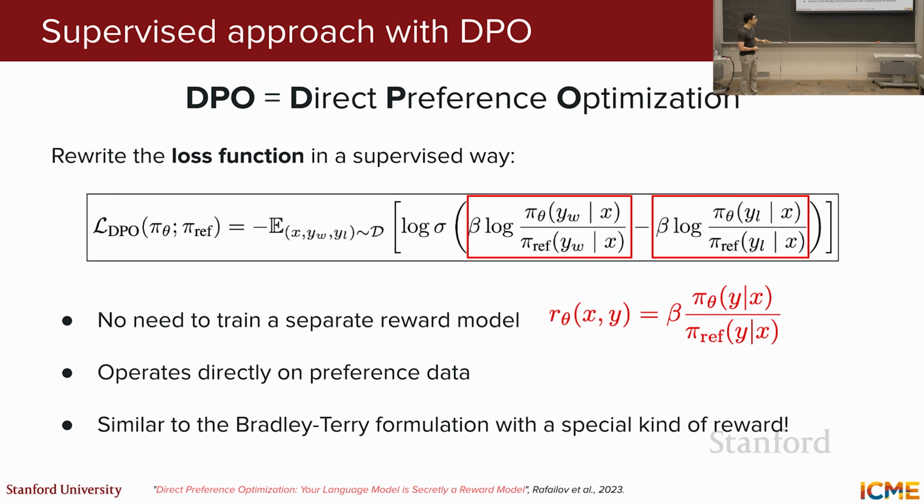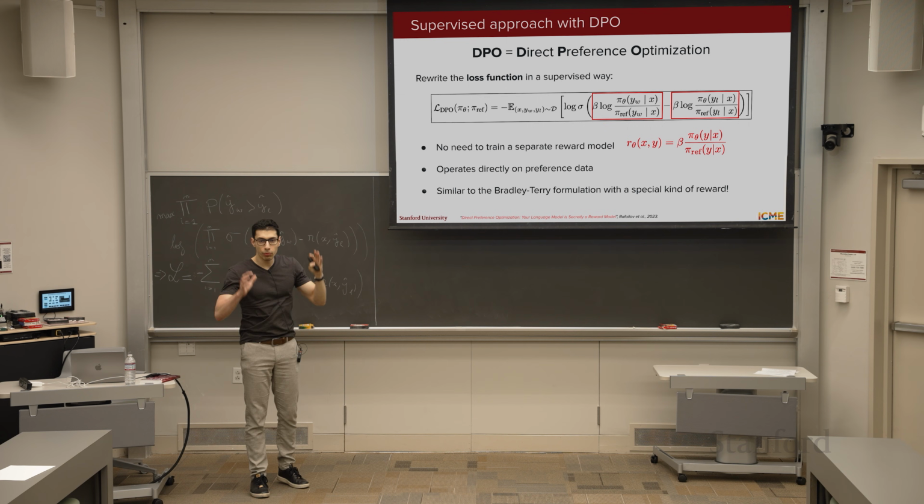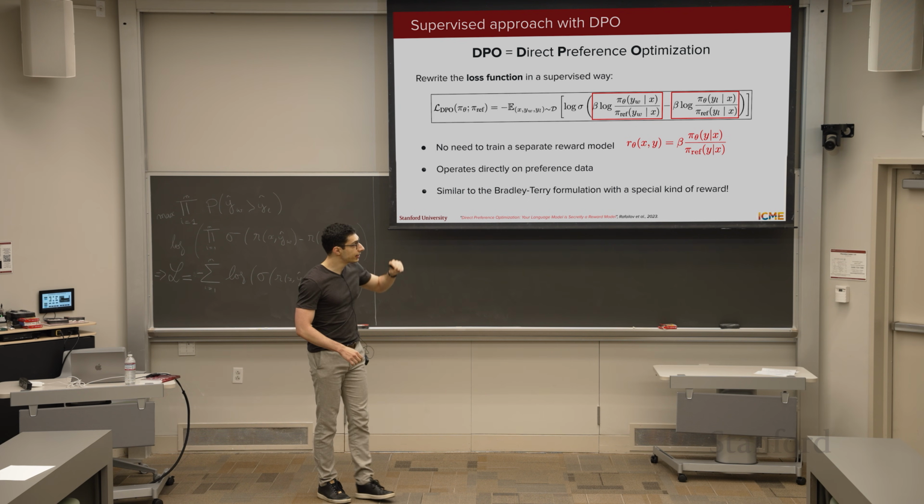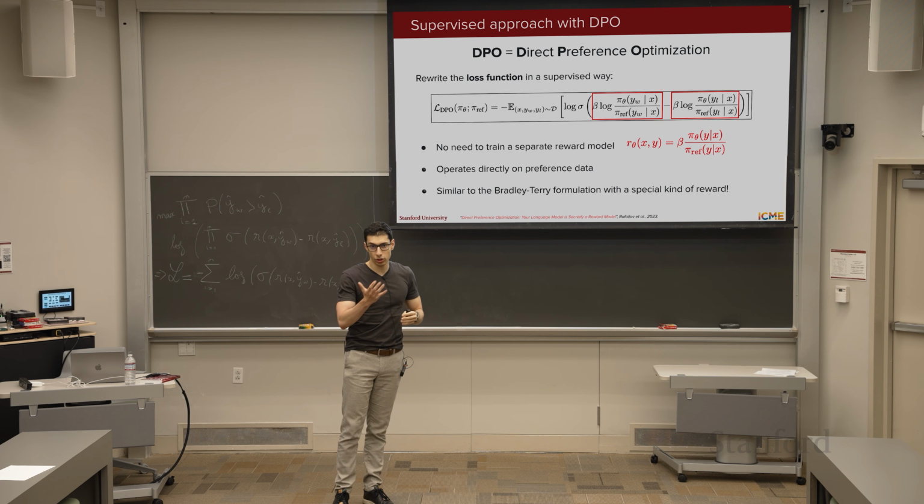And if you look at it a bit closer, you will recognize what Afshine just mentioned regarding the Bradley-Terry formulation, because you have this expected value of log of a sigmoid, and then within that sigmoid, you have a difference of terms where you can recognize the equivalent of what you saw as a reward term.